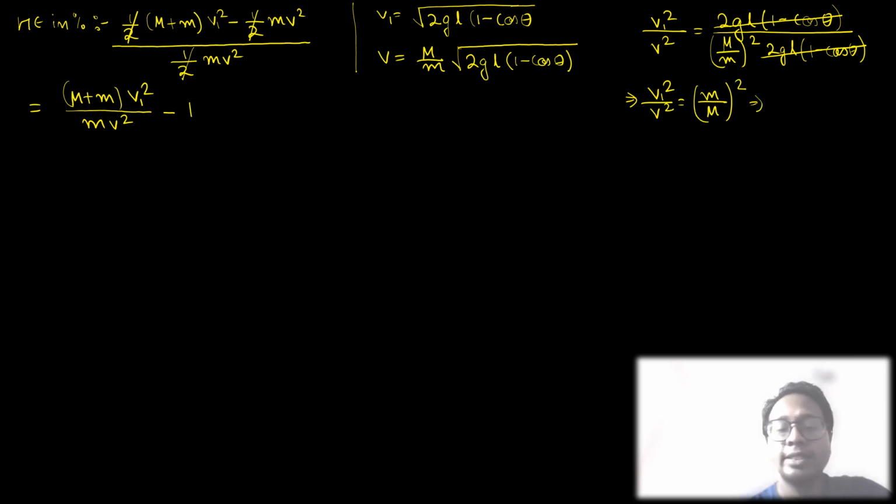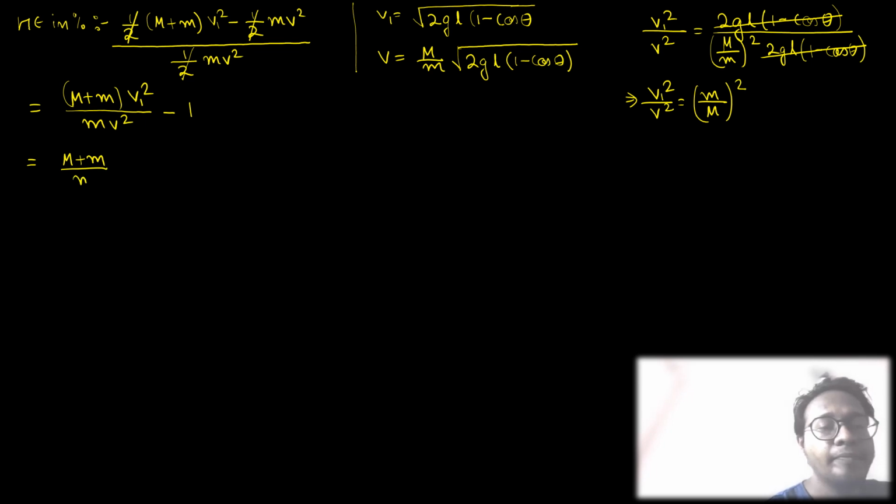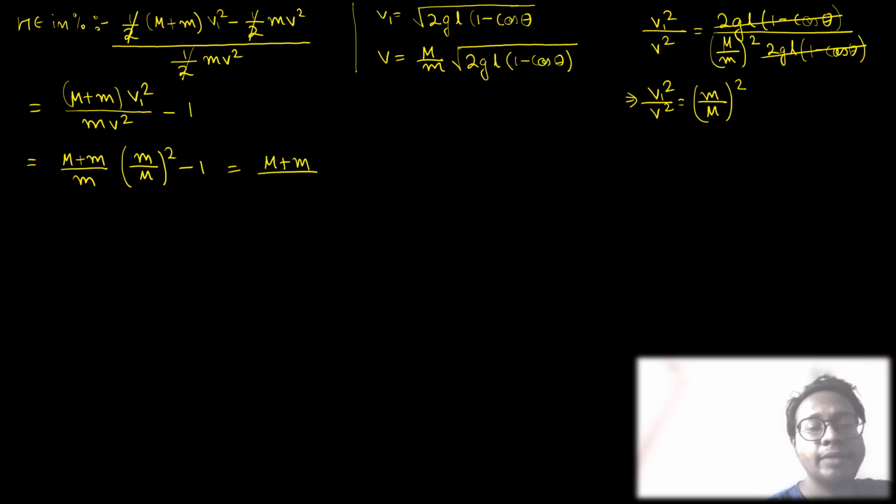So I'll just substitute this out here, which is equal to m plus M by m into v1 square by v square, that is m by capital M whole square, minus 1. Or m plus M divided by m into m square by M square minus 1. This square and this m would get cancelled.